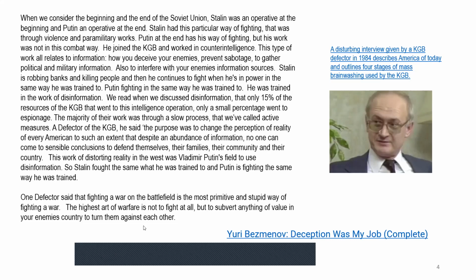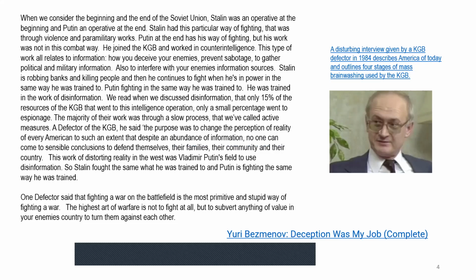He joined the KGB and worked in counterintelligence. This type of work all relates to information, how you deceive your enemies, prevent sabotage, gather political and military information, also to interfere with your enemies' information sources.